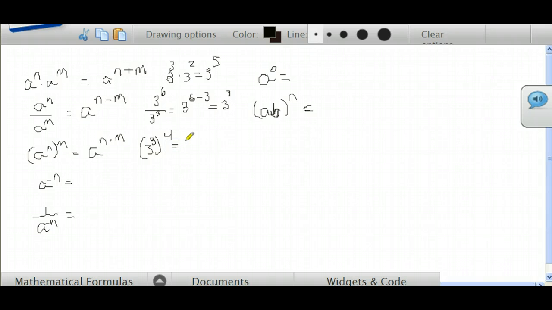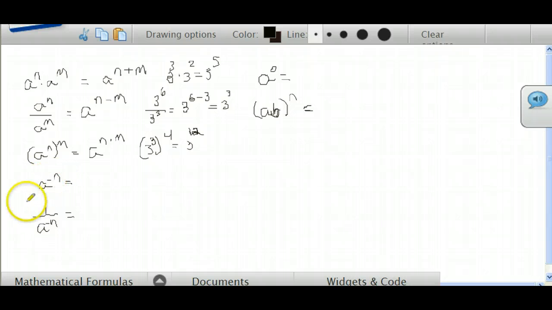All you do here is keep the 3, and then 3 times 4, which is 12. So the answer is going to be 3 to the power of 12. Questions on that one? Okay. What'd you say, go slower?